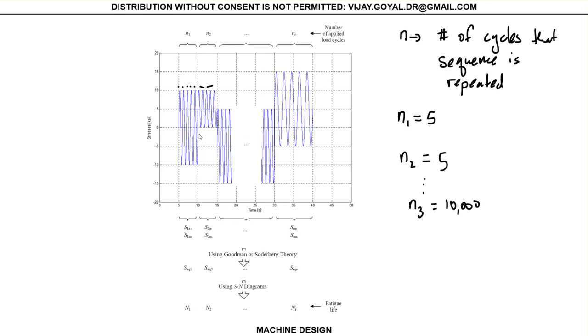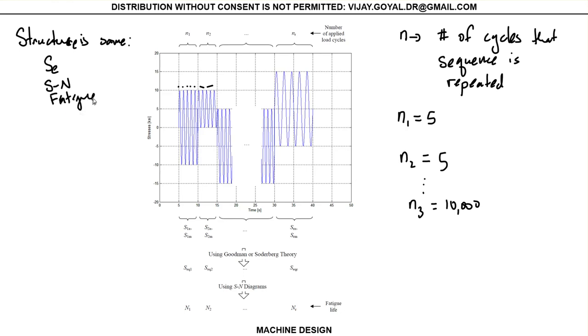Now, at the end goal, what you really want to do is basically solve the problem many times. First of all, the structure will be exactly the same. Since the structure is the same, your endurance limit will be the same, your SN diagram will be the same, your fatigue diagram will be the same.